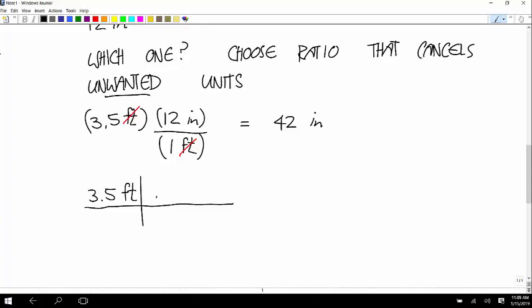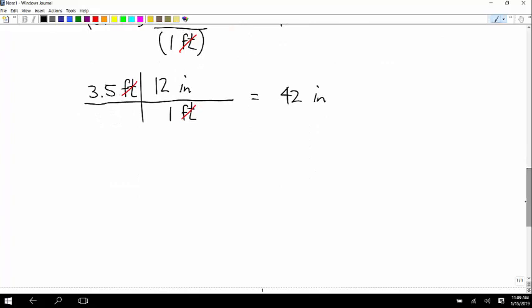So 3.5 feet times 12 inches over 1 foot means the same thing as what I have above. Then you can cancel the feet. And it comes out the same way. Any questions about that? Okay, so now let's do this with combinations of units.